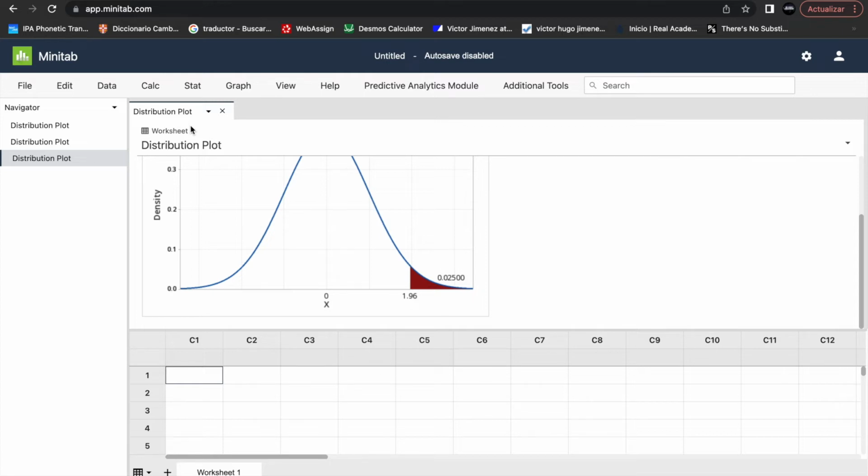It's something that we have done before. Here we have 0, and 5.56 is here. We're looking for this area.